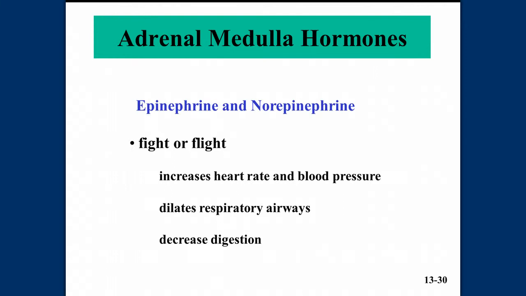Norepinephrine causes more epinephrine to be released, and actually epinephrine is synthesized from norepinephrine. It causes an increase of heart rate and blood pressure, it dilates respiratory passageways, and decreases digestion.